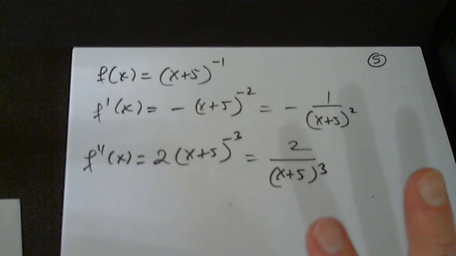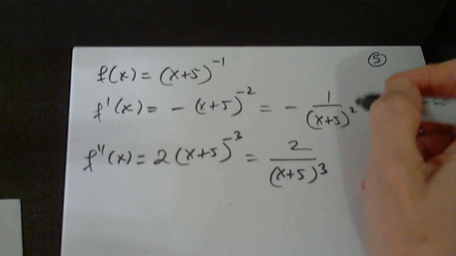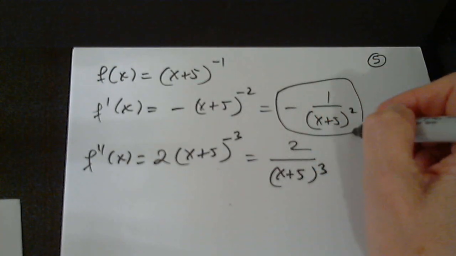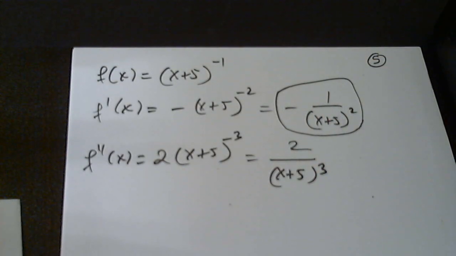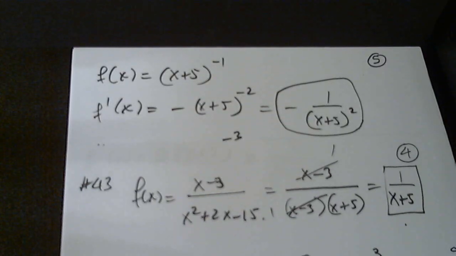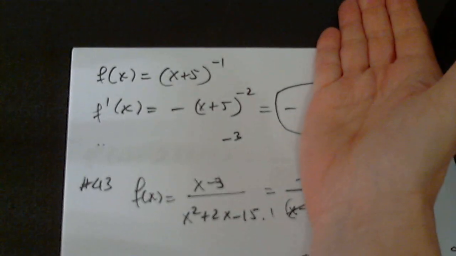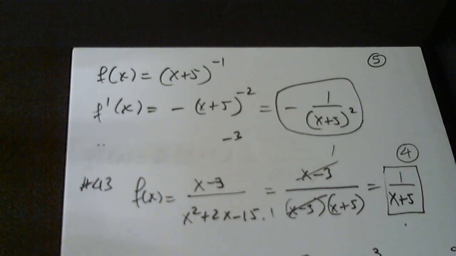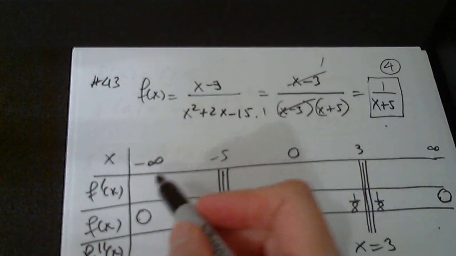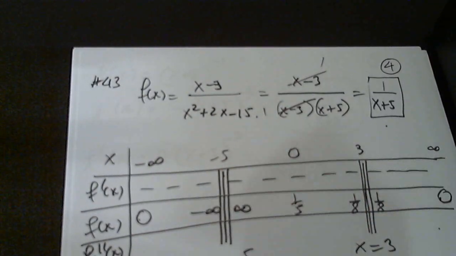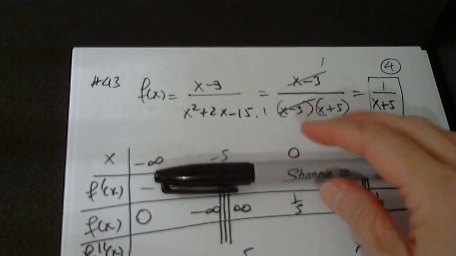But I need a sign. Can anyone tell us what is the sign of this forever and ever? So I can put it in the table. Positive. Negative. Yes, this is always positive, but with a minus in front, that tells me negative. Now I have to check, because I don't know.